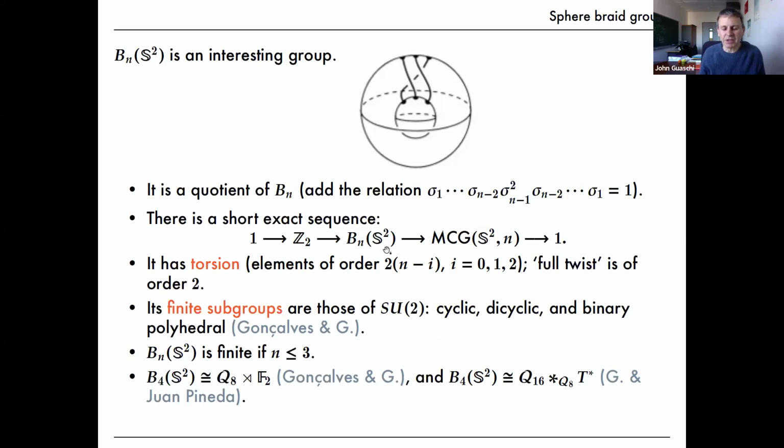You can view it as coming from a certain fibration, and you take the long exact sequence in homotopy, and you end up with this short exact sequence. This Z_2 here corresponds to what we said earlier, the full twist braid, which is of order 2 in this group.